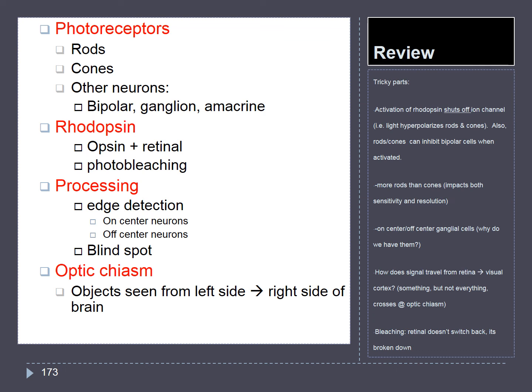We talked about differences between sensation and perception. The brain did not perceive the blind spot because it filled in those gaps, for instance. And we talked about the optic chiasm, keeping our left field of view and right field of view sent to just one side of the brain or the other, rather than split half and half.